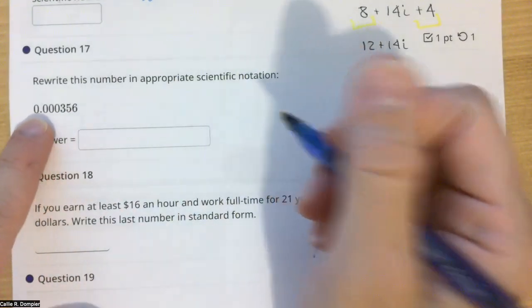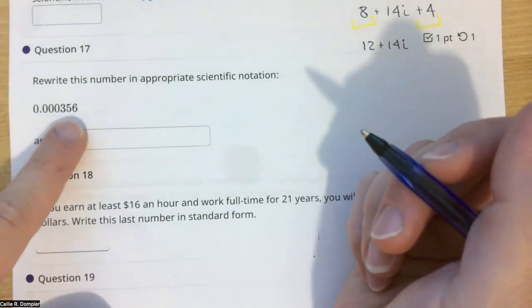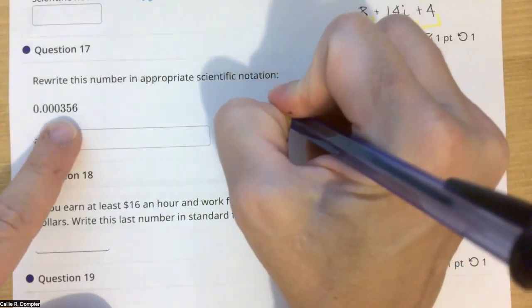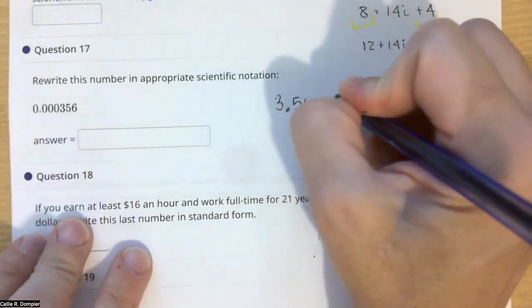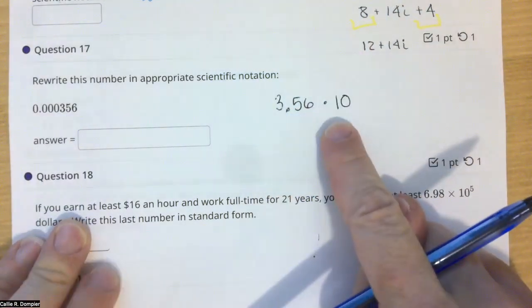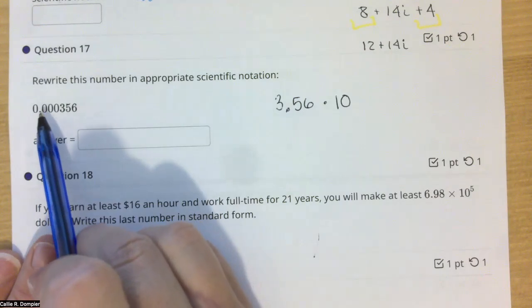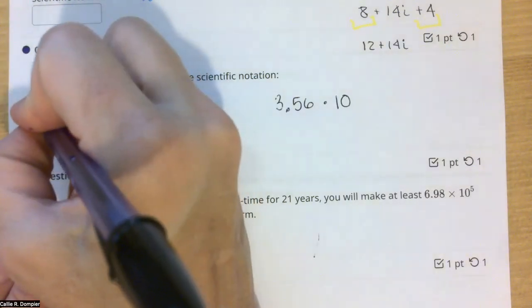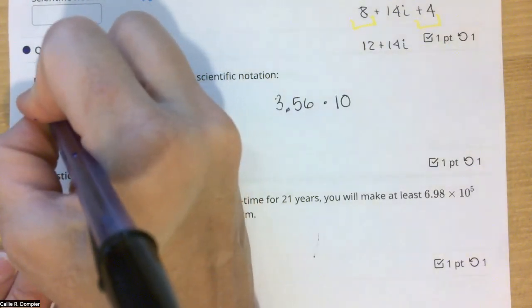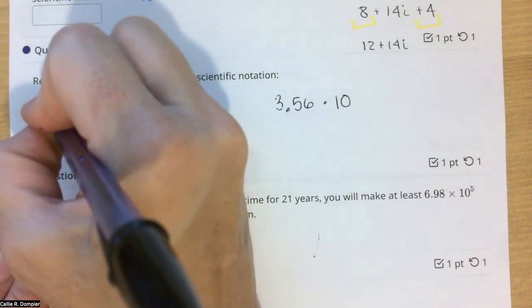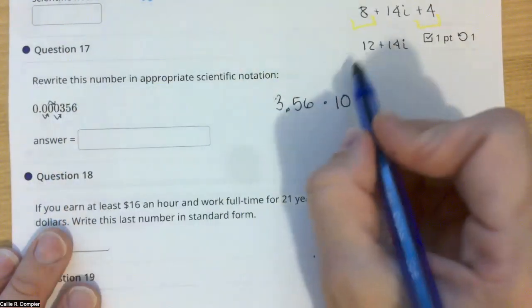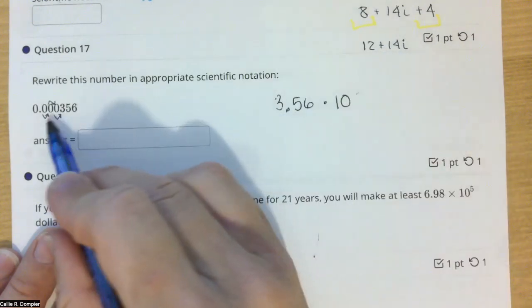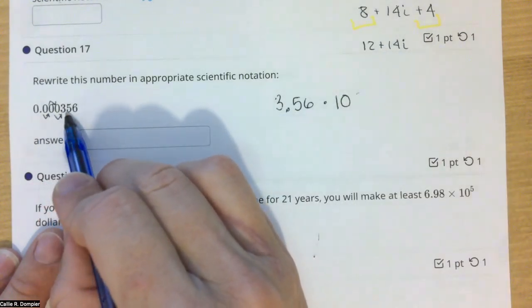All right, for example, number 17 asks us to rewrite a smaller number in scientific notation. Again, we have 0.000356. We want one number in front of the decimal, 3.56 times 10, right? Because that's always a part of scientific notation. And then how many times do we move the decimal? 1, 2, 3, don't stop, don't just count the zeros and say, oh, there's 3 zeros, it's -3, because you have to go one past that zero, right?